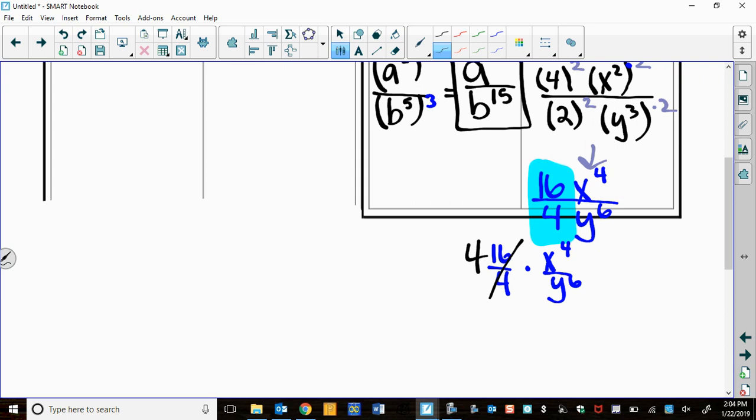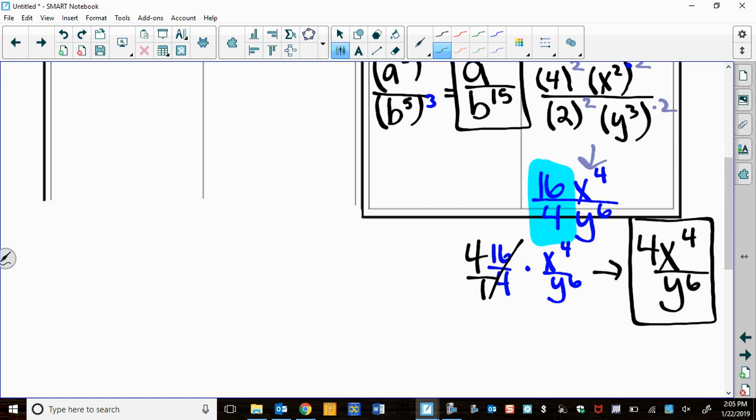Well, if my answer is 4, remember any number can be written as a fraction. So really this is 4 over 1. When I'm writing my final answer, I add x to the 4th power over y to the 6th, and because I have 4 up here in the numerator, that's where I'm going to stick it. Okay, technically the 1 would be here, but we don't really write 1 in our answers, so that's how you're going to simplify. So make sure to look for coefficients here.